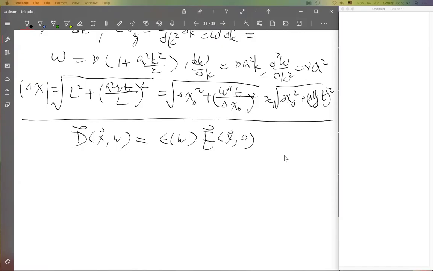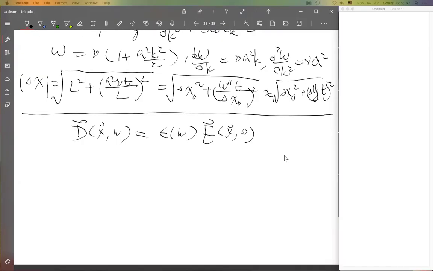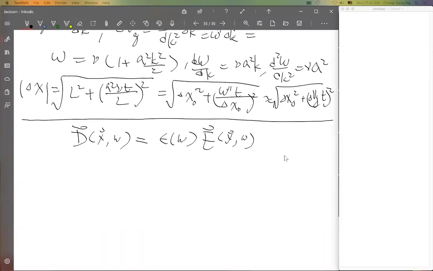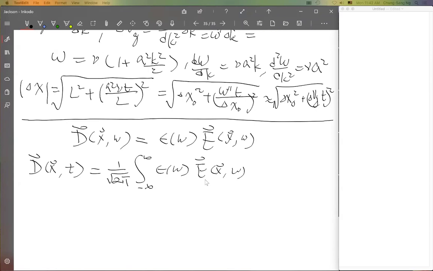Let's just get to the consequence. This is in Fourier space, and we can write it down in the time domain. This is an inverse Fourier transform. You integrate, put D(x, omega) here, but D(x, omega) is just this one, and then multiply by e to the minus i omega t, d omega.